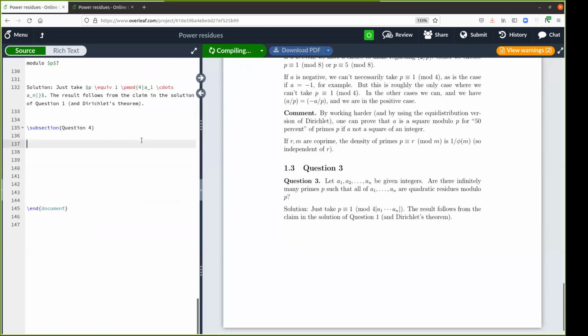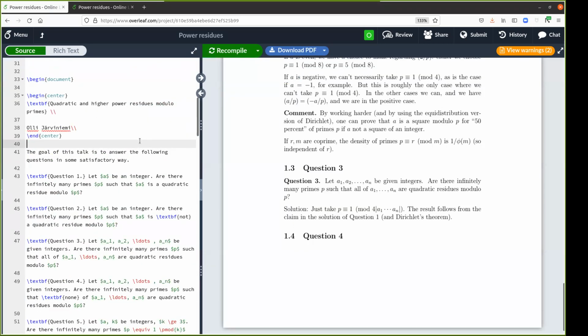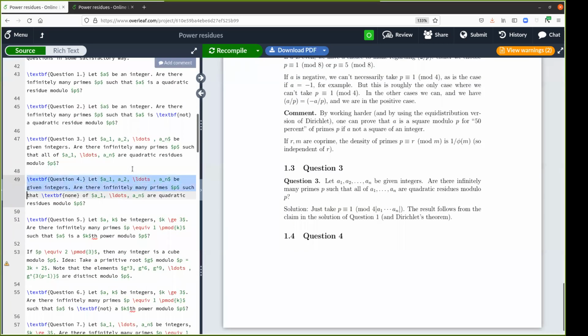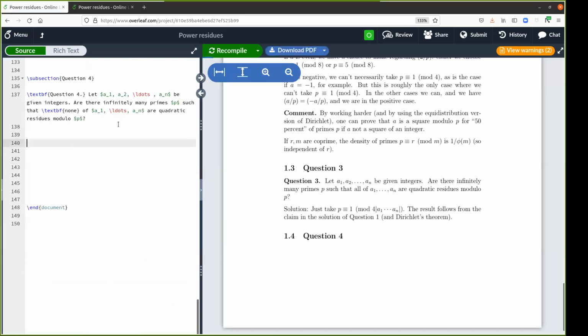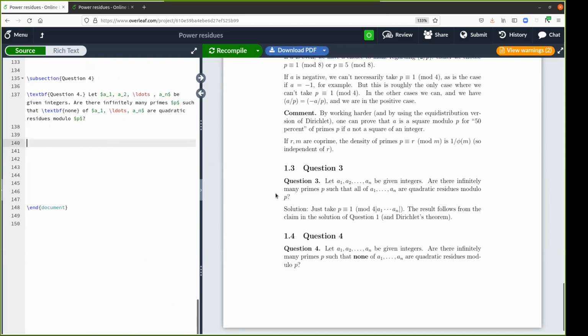And then for the final question on quadratic residues. We have some given integers, and we want that all of them are simultaneously quadratic non-residues modulo p. And obviously this isn't possible for any a_i.